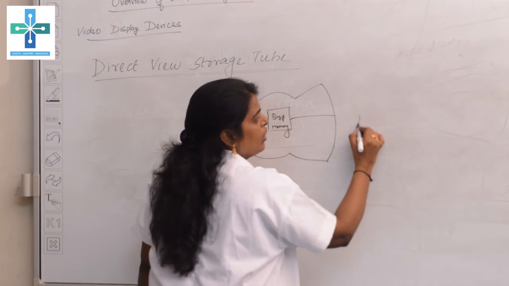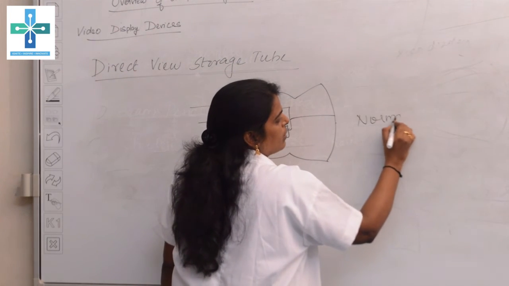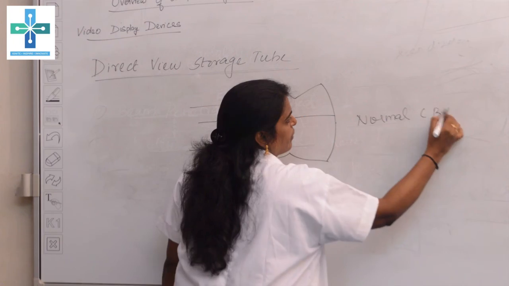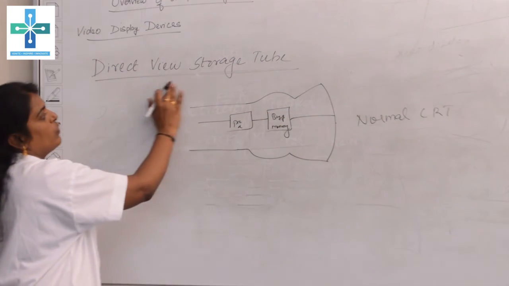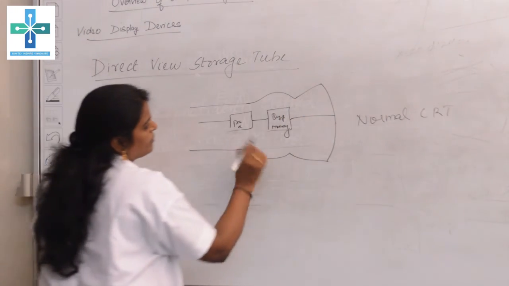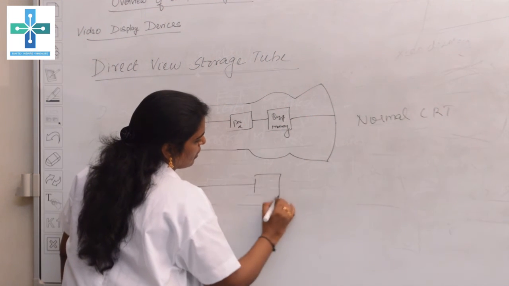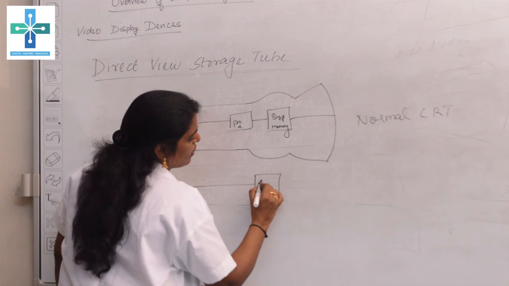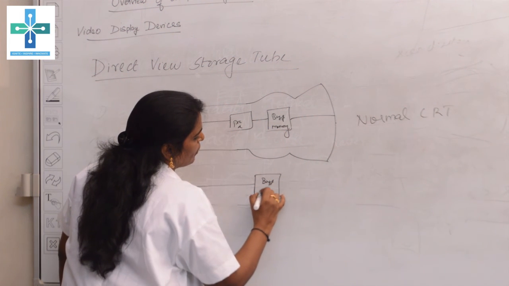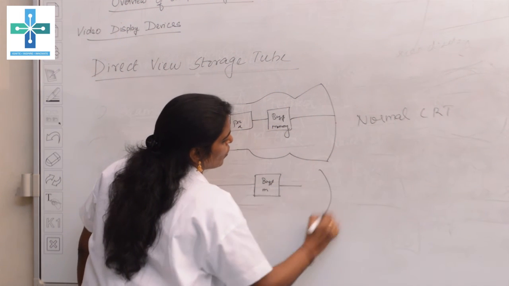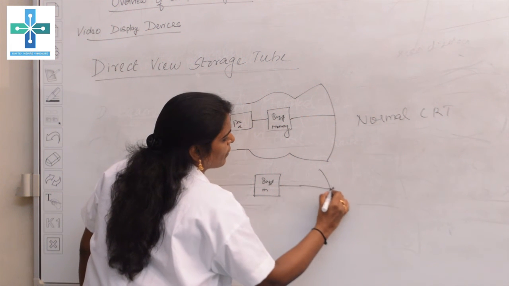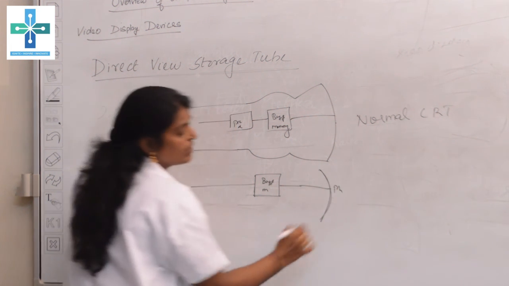This happens in the normal CRT. Whereas in this direct view storage tube, the picture definition directly goes through the buffer memory and to the phosphorus screen. That is the difference.